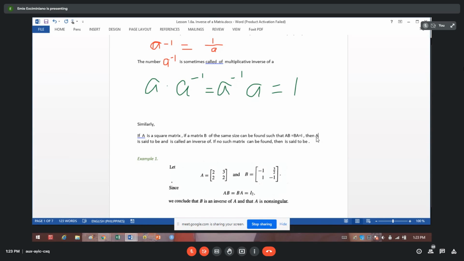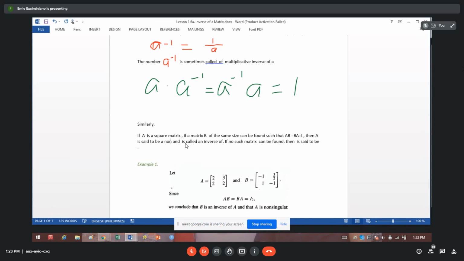by definition, is said to be a non-singular or invertible. Okay? It means you can get an inverse.